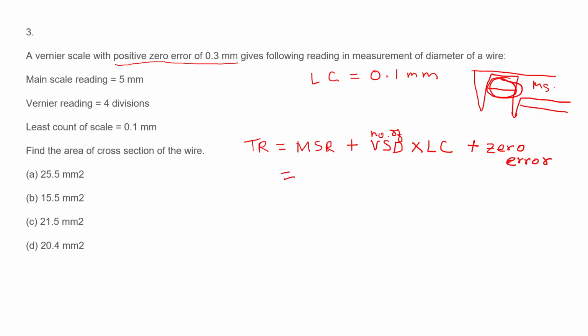So the main scale reading here is given as 5 millimeter. So the main scale reading is 5 millimeter plus the number of vernier scale divisions.